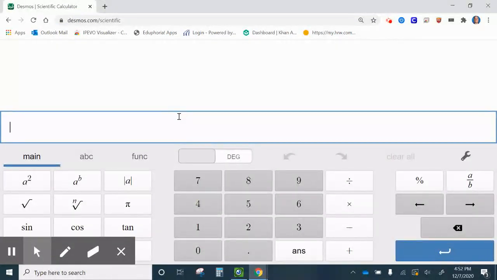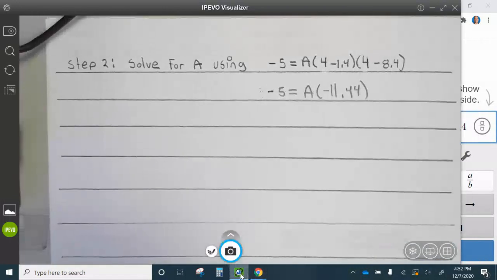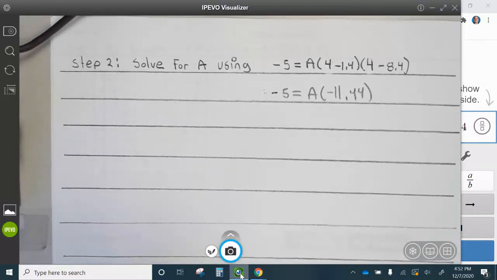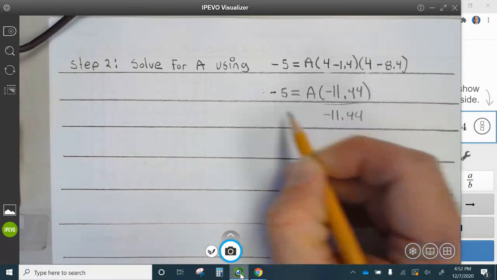All right, so parentheses 4 minus 1.4, parentheses 4 minus 8.4 is -11.44. So -5 equals a times -11.44. Okay, so now we're going to divide both sides by -11.44.